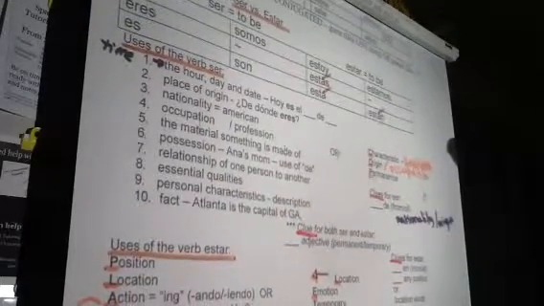For present tense, ser and estar, your boxes, obviously you need to know what the conjugations are so that you can use your right form of the verb once you figure out what the sentence is saying. So, soy, eres, es, somos, son, estoy, estás, está, estamos, están. Make sure that you have the right accents where they should be.